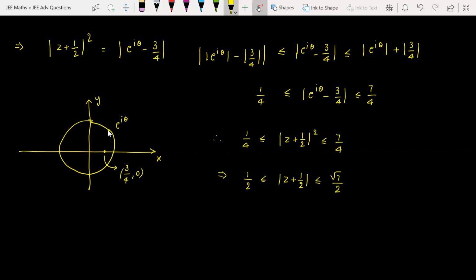So the modulus of e power i theta minus 3 by 4 will give us this distance. Now the least possible distance is going to be this, that is 1 by 4.